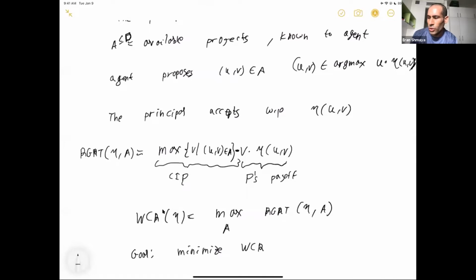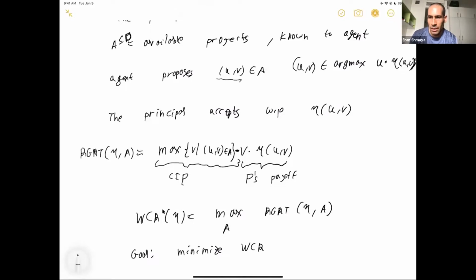My main focus would be what we gain from the fact that the principal also observes the payoff of the agent. So the main issue of this talk is why it is important to the principal to also observe the utility of the agent in the project that the agent offers.